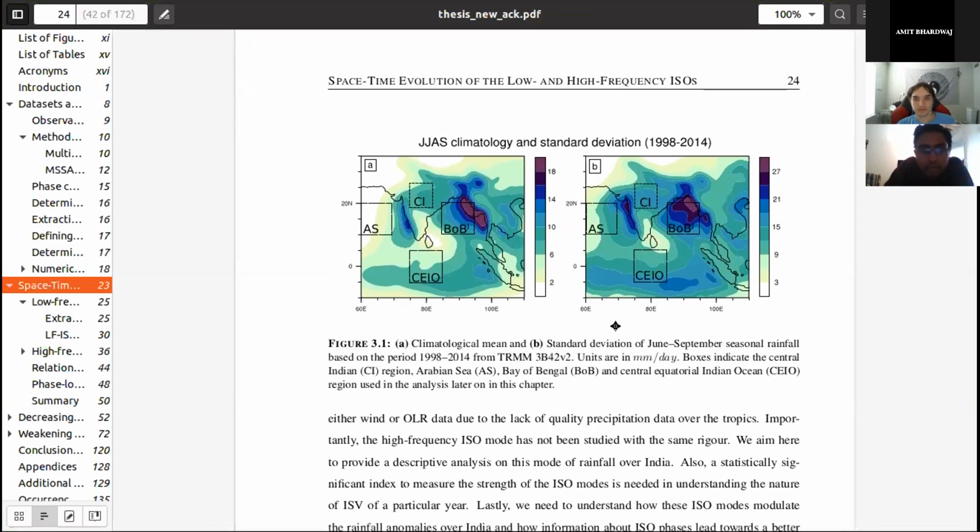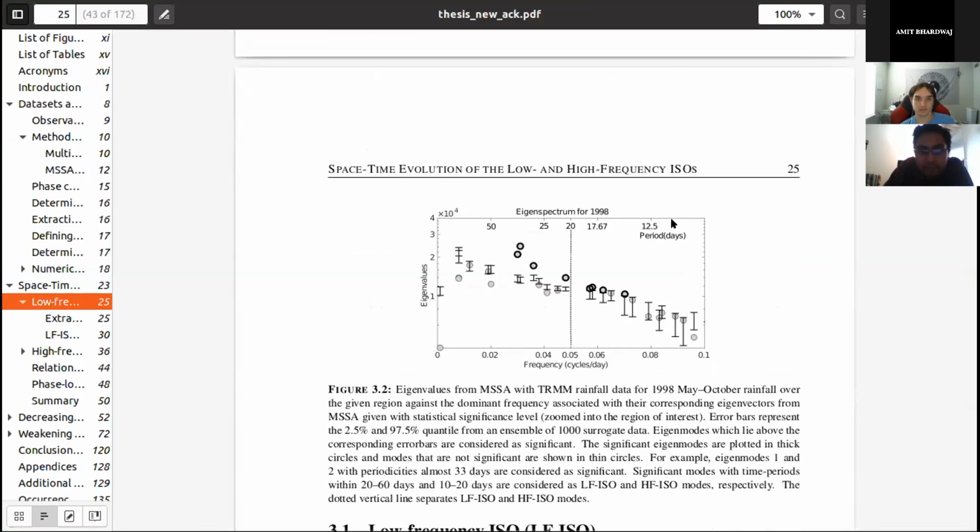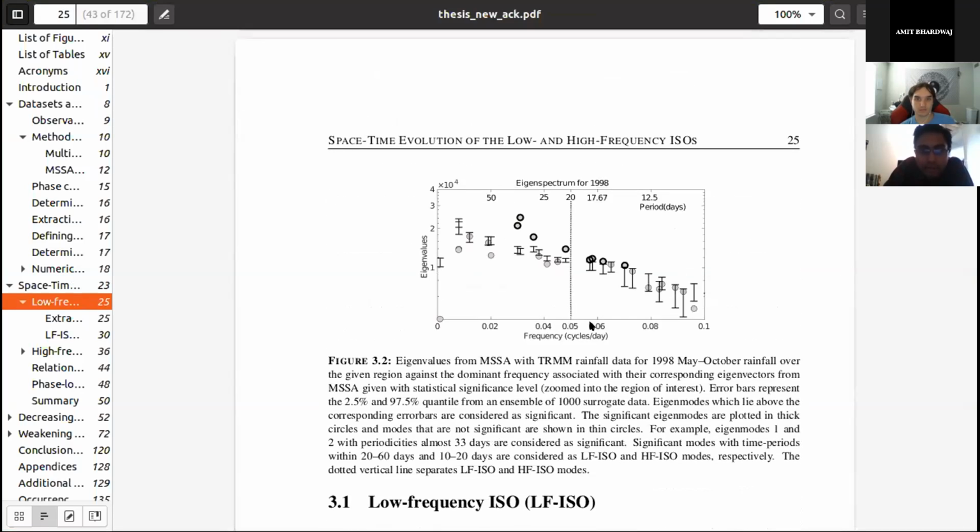So this is with the TRMM data. This is the region I used for MSSA, and this is the mean JJAS climatology and standard deviation. Then when I did the eigenspectrum for 1998, it looked like this.